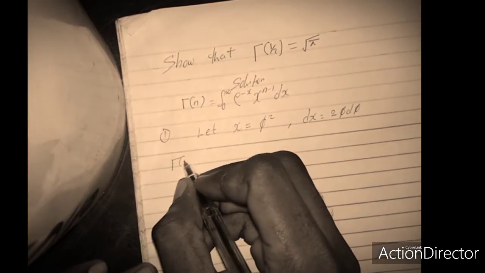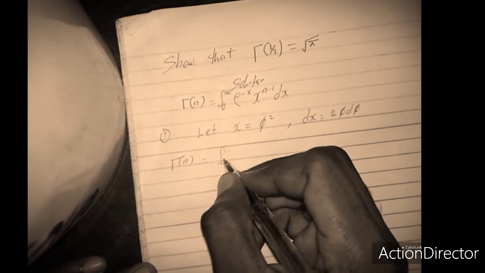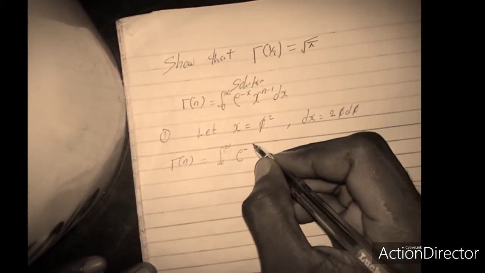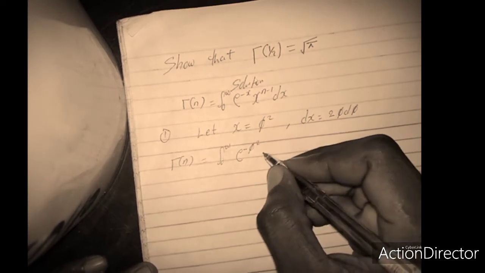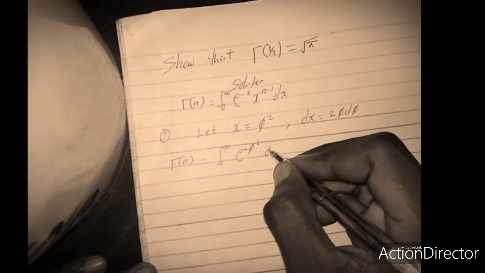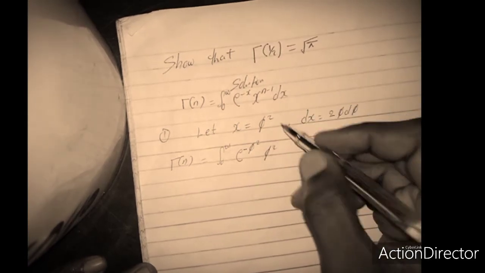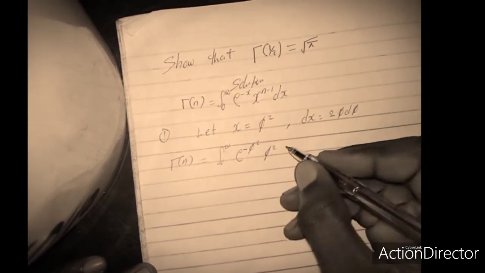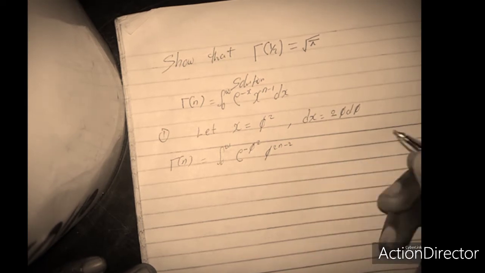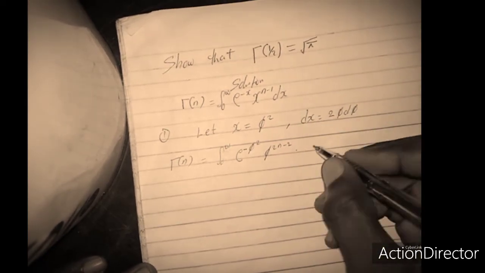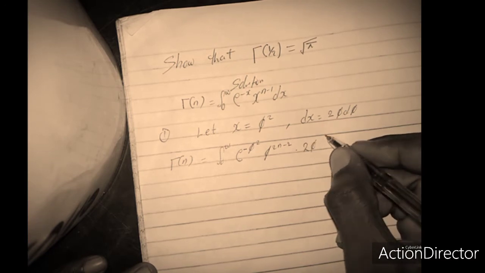We have gamma n equals the integral from 0 to infinity of e to the minus, now our x is phi squared, then our x, which is phi squared, raised to the power n minus 1. You know that 2 will open this bracket, so it will become 2n minus 2, multiplied by dx. Now my dx is 2 phi d phi.